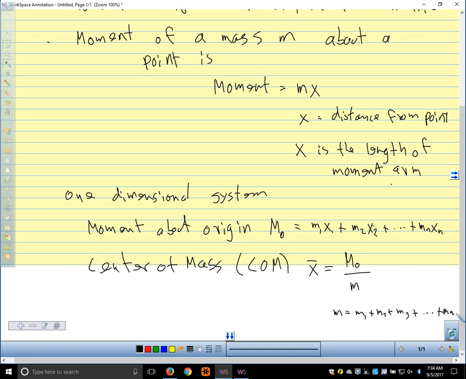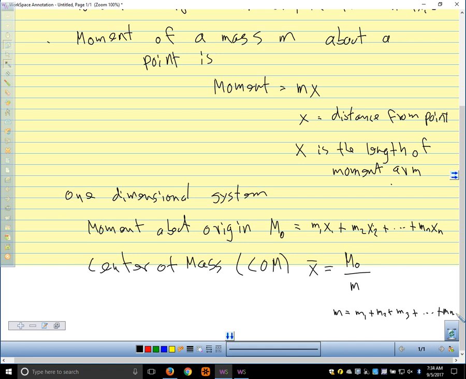So for a discrete system, we just add the moments of each mass, and then to find the center of mass, we divide the moment by the total mass. So, questions about the concept?